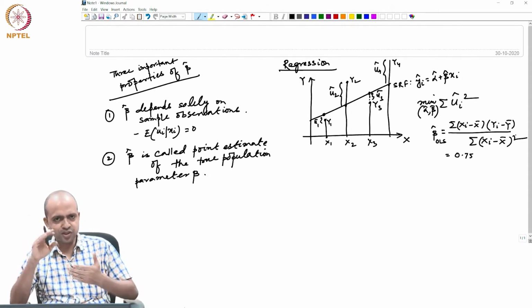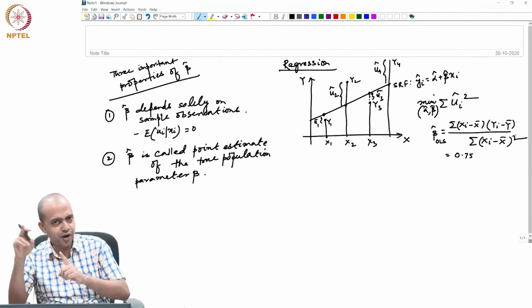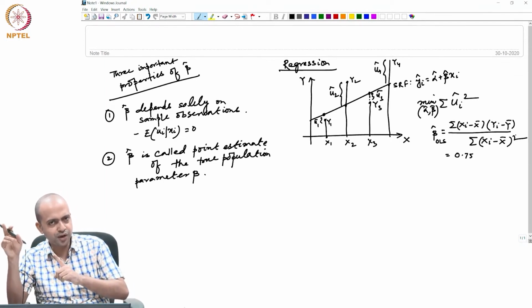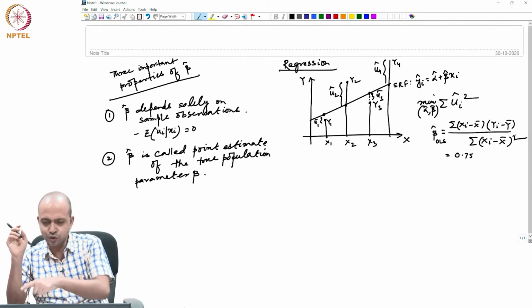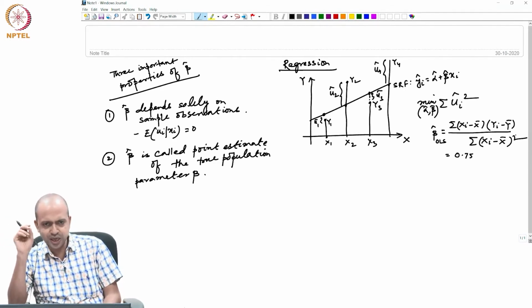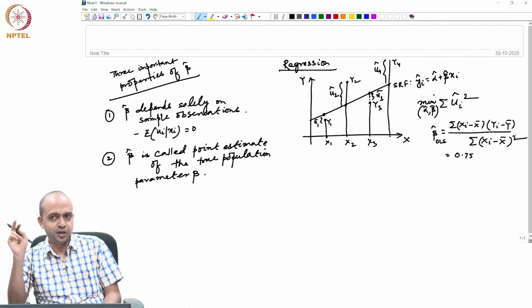From the sample we will get beta hat, and we are trying to use that beta hat to guess or infer something about beta. So, when beta hat gives you a specific value 0.75 and we use a specific value to guess something about the true population parameter, it involves some amount of risk.